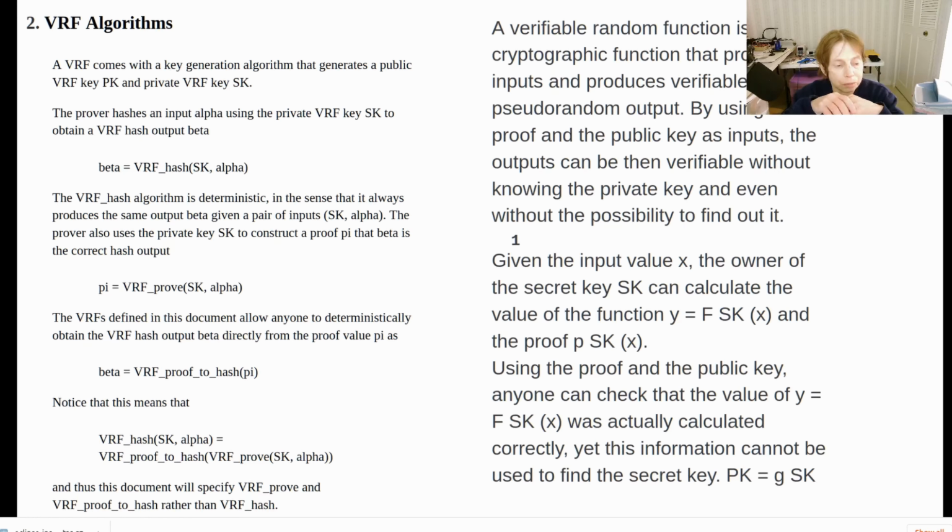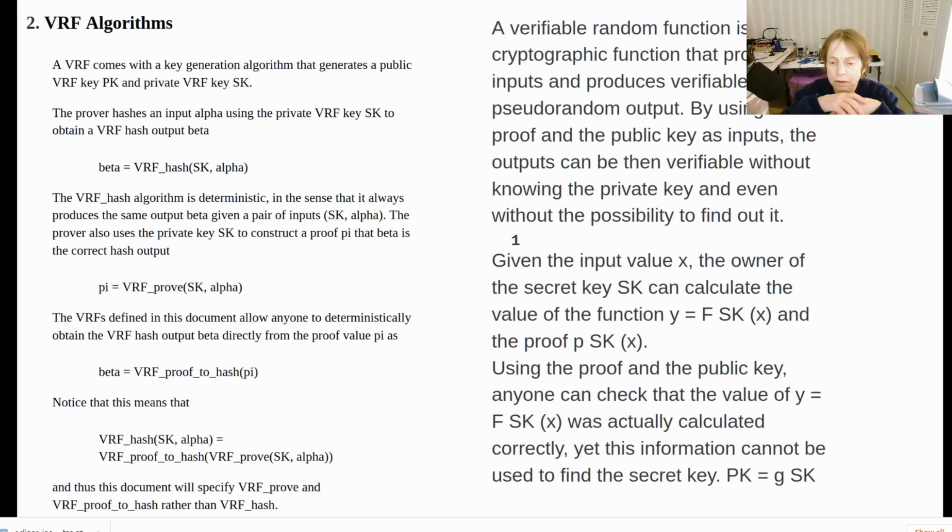Then the proof, with this proof to hash function, should equal the same value as what you originally got when you put the proof in. So you have one algorithm that generates your random value, and another pair of algorithms: one generates the proof, and one takes that proof and regenerates the random value.